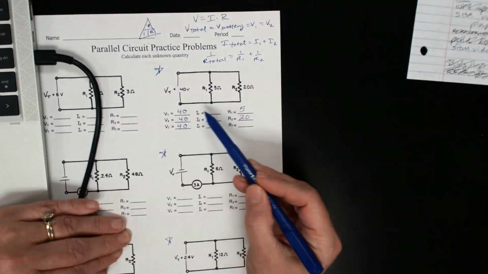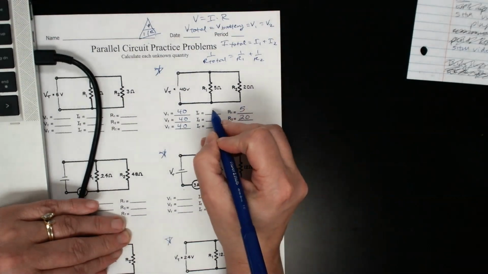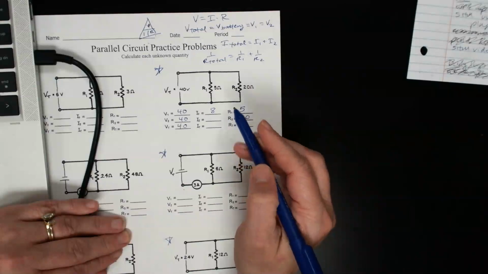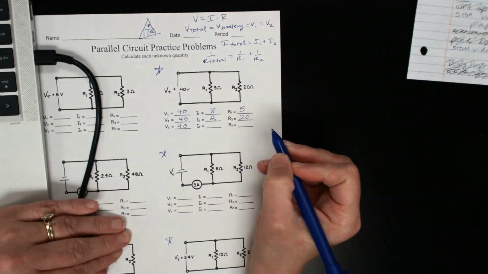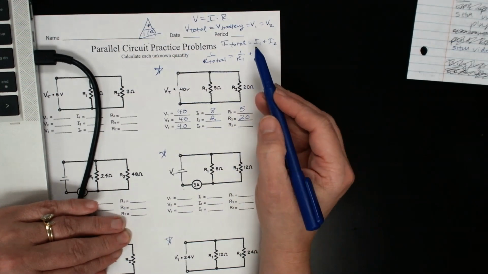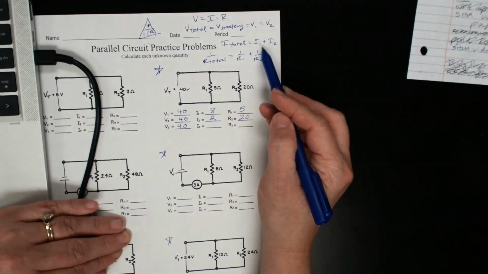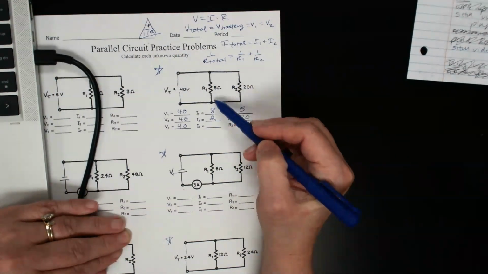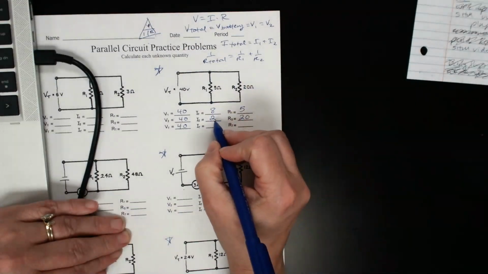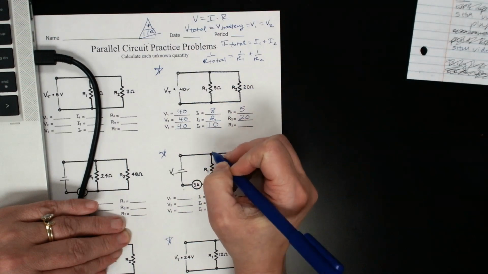So I'm going to divide 40 by 5. That's going to give me 8 here. I'm going to divide 40 by 20. That's going to give me 2. And then looking back to my rules, I add my currents up. So I've got a branch here that's 8 amps. I've got a branch here that's 2 amps. Those are going to add up to 10 amps.